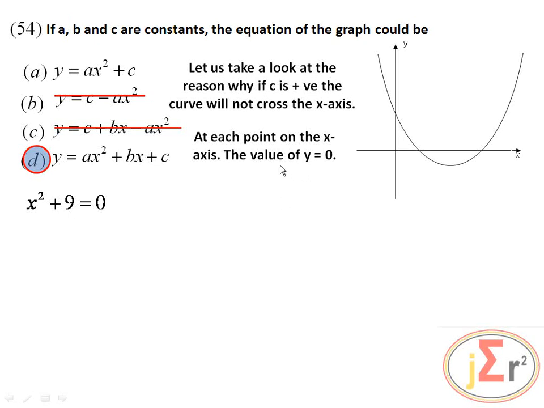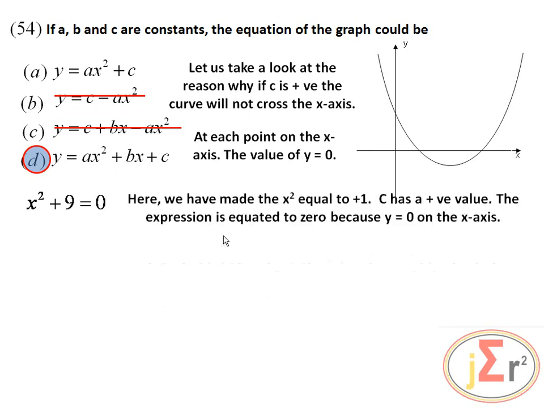We are assuming that the value of y is equal to 0. If y is equal to 0, then we are equating the expression to 0. Here, we have made the x squared coefficient equal to positive 1. C has a positive value. The expression is equated to 0 because y is equal to 0 on the x-axis.